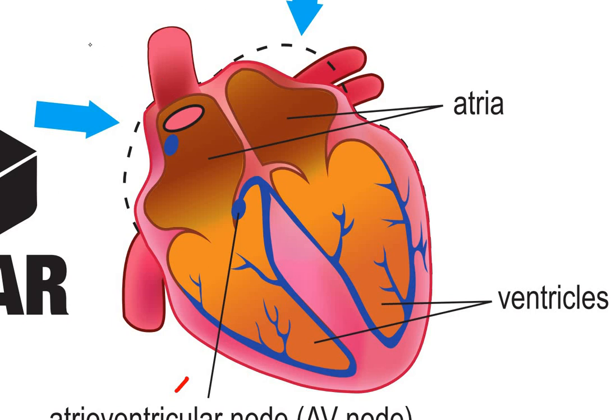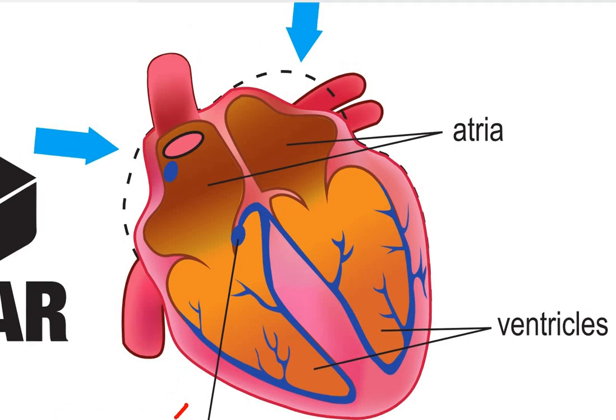I just draw back the impulse. So this is all the impulse, rapidly to both atria. And then what happened? This causes the atria to contract. So both atria will contract.